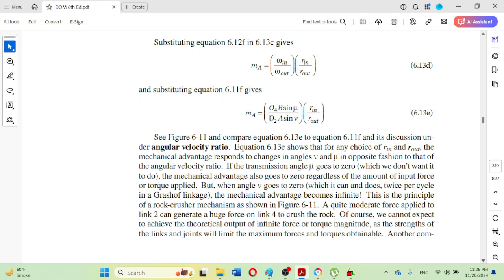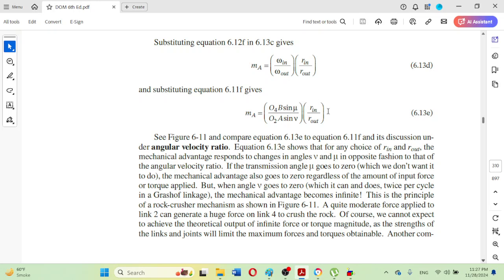So in this case, this ratio will be 1 divided by infinity, because the angular velocity ratio will be infinity when the angle of transmission is 0, since in equation 6.11f the term O4b sine mu was in the denominator.